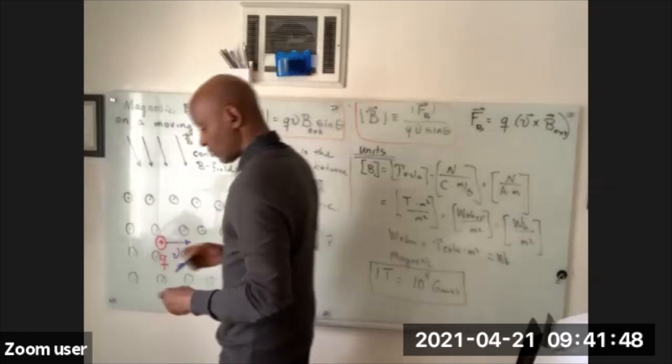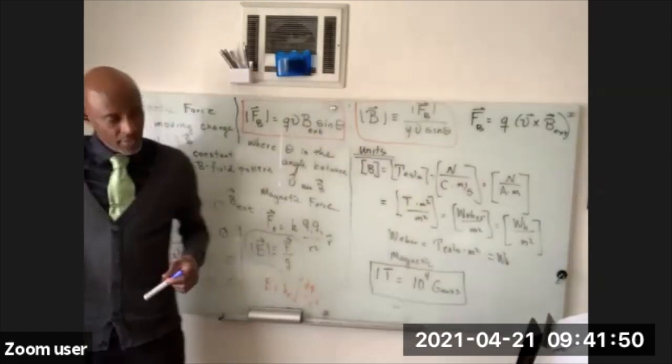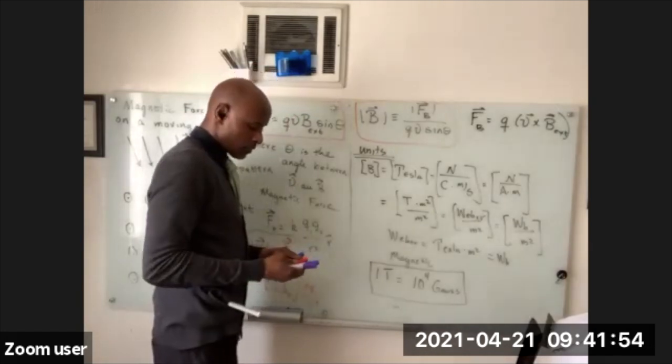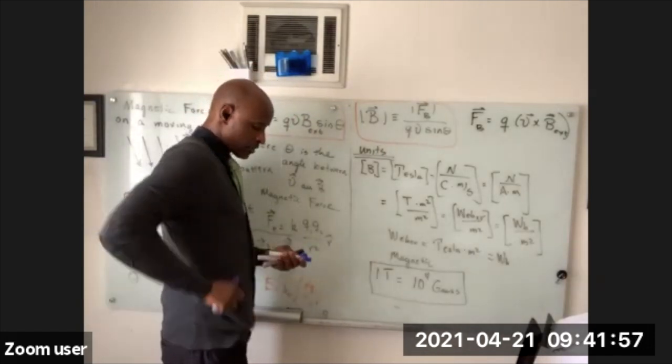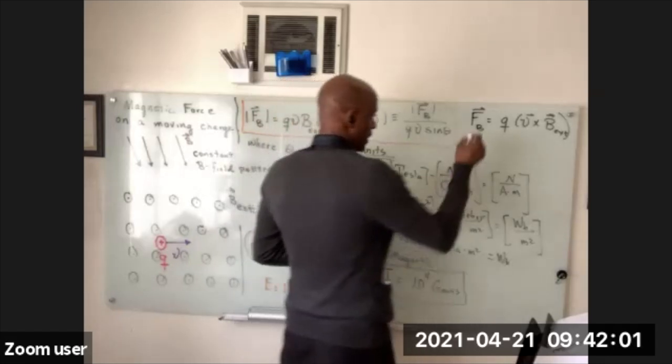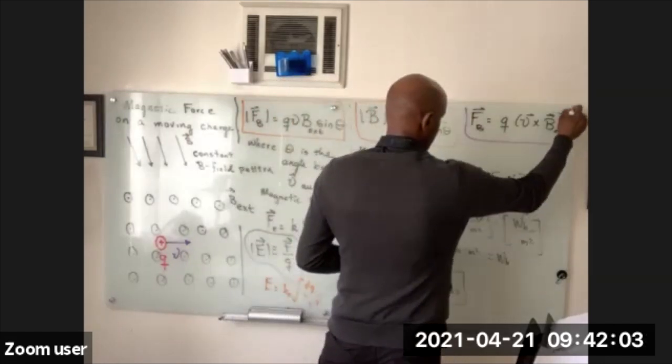Therefore, obviously, with the cross product, that introduces the right-hand rule, which will give you the specific direction associated with the magnetic force. So we'll talk about that when we come back.